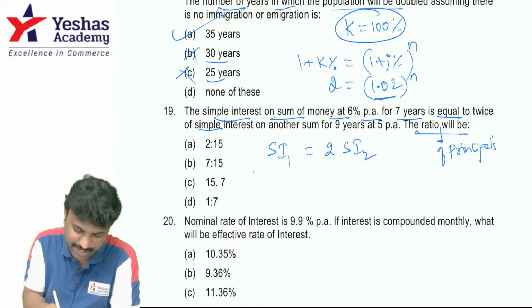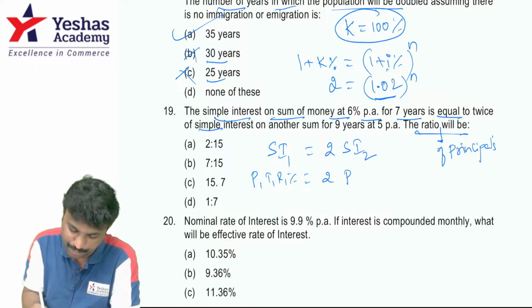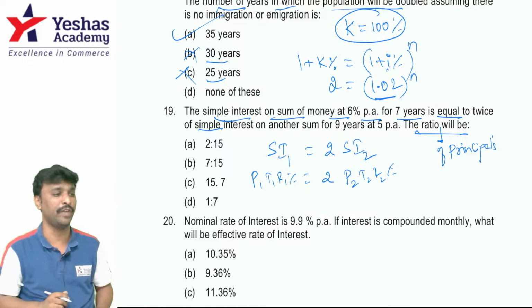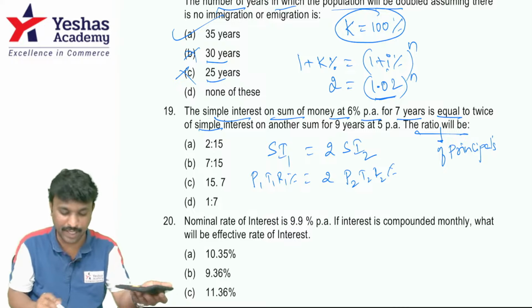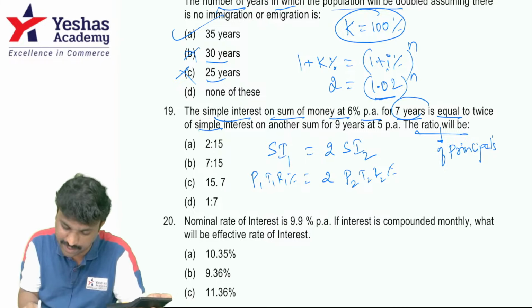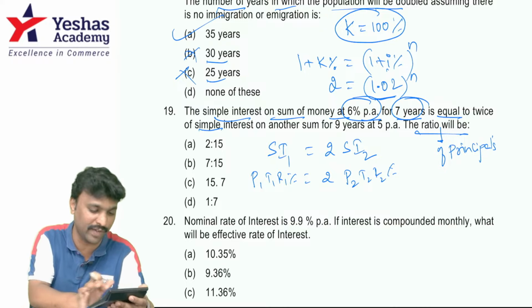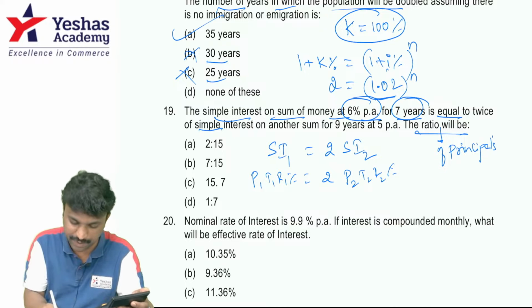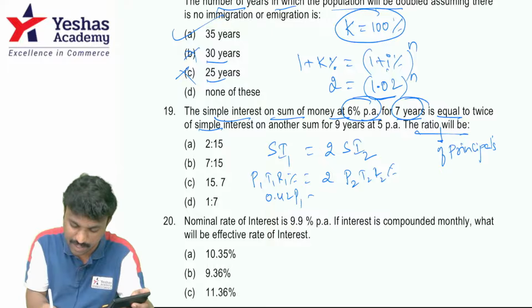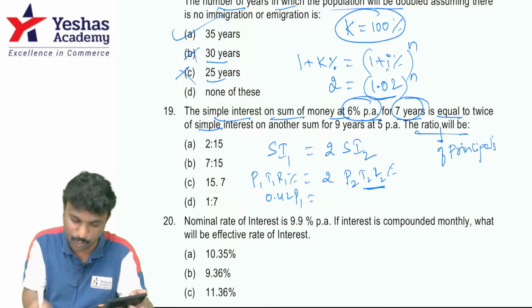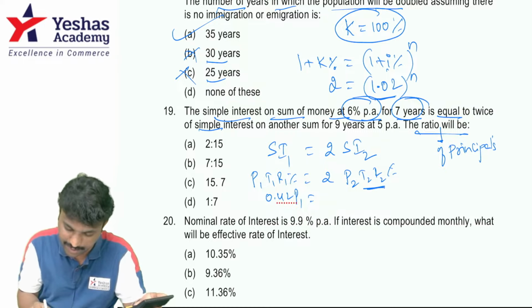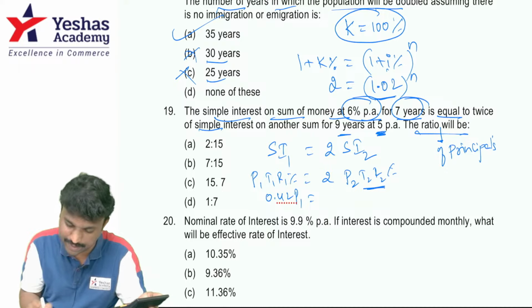So for SI1, it's P1 T1 R1% is equal to 2 times P2 T2 R2%. P1 and P2 we don't know, we have to compute that. So T1 R1%, T1 is 7 years, R1 is 6%. So 7 into 6% fetches you 0.42 times P1. Now what is T2 into R2%? T2 is 9 and R2 is 5%.